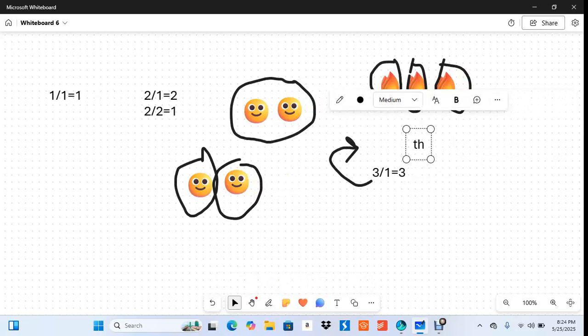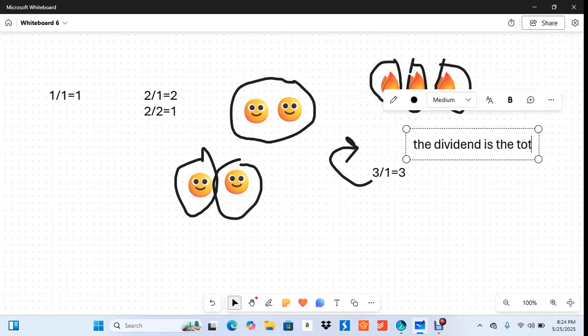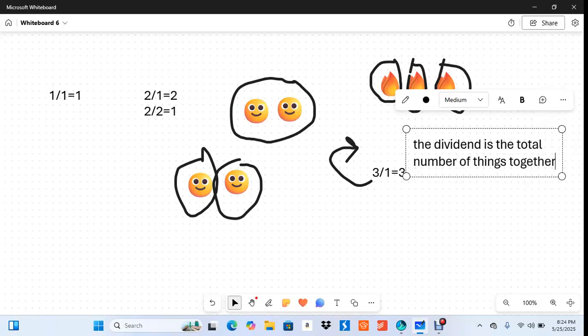So we have the dividend, right? Dividend is the total number of things together to be divided.